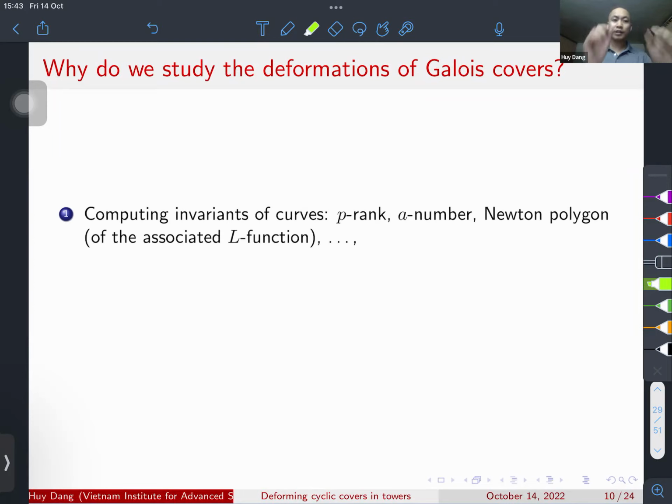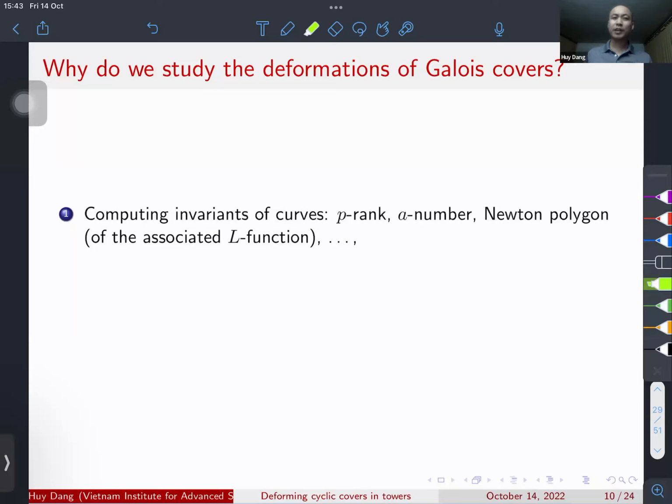Suppose you are given a cover, and you want to compute something over the projective line, for instance, and you want to compute the invariant of this one. If you know how it deforms, and you know how to compute the invariants of the different things in the same flat family, then in many cases you can go back and say something about the invariant of the original one.